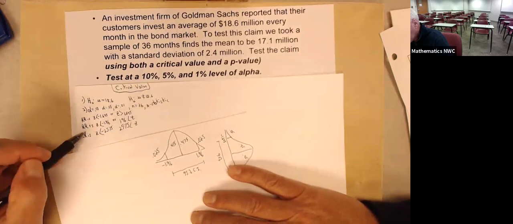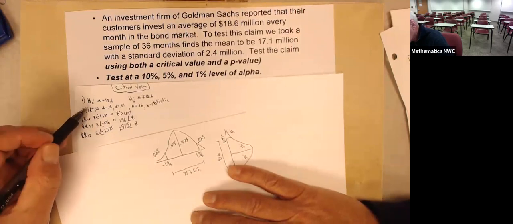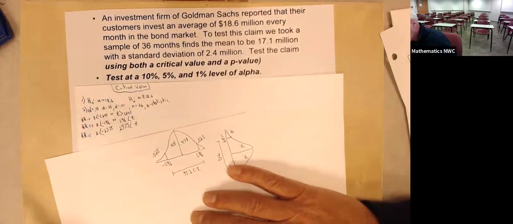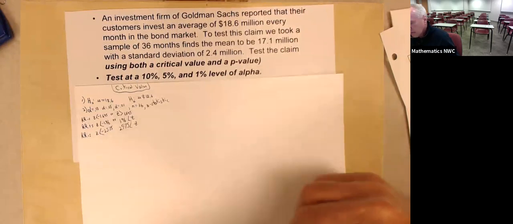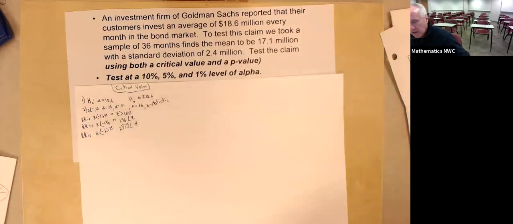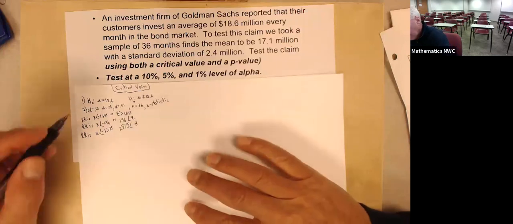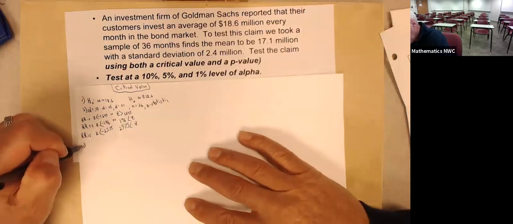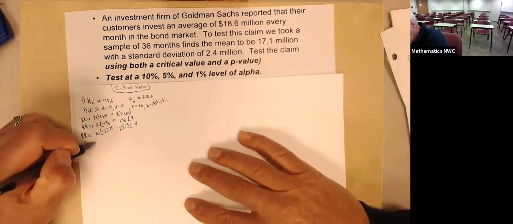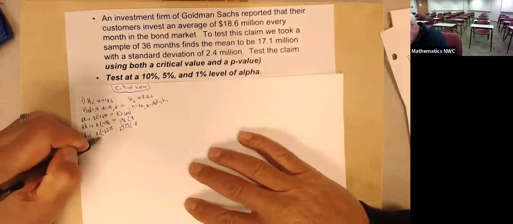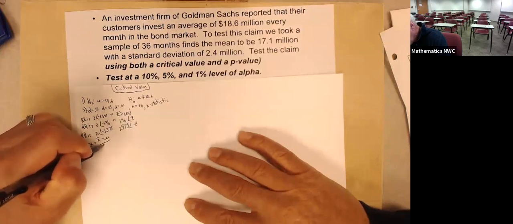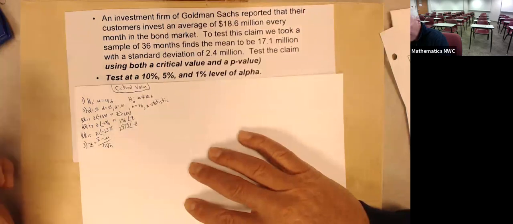So I had 3 rejection regions here because I had 3 alpha levels. All right. Continuing on then, I need to find step number 3, my Z-score, X bar minus mu over S divided by the square root of N.